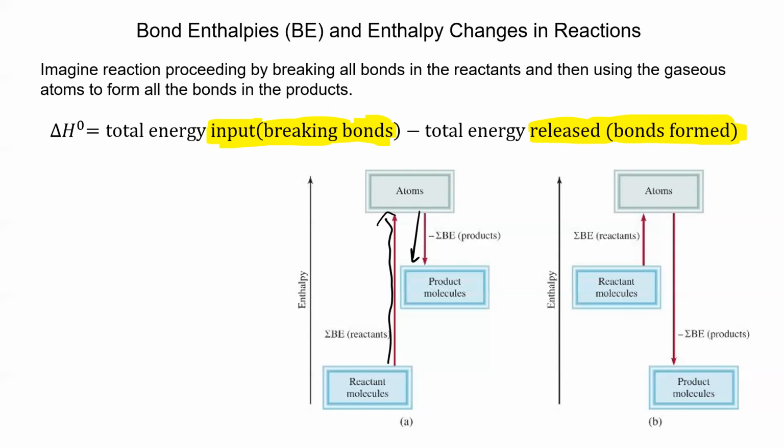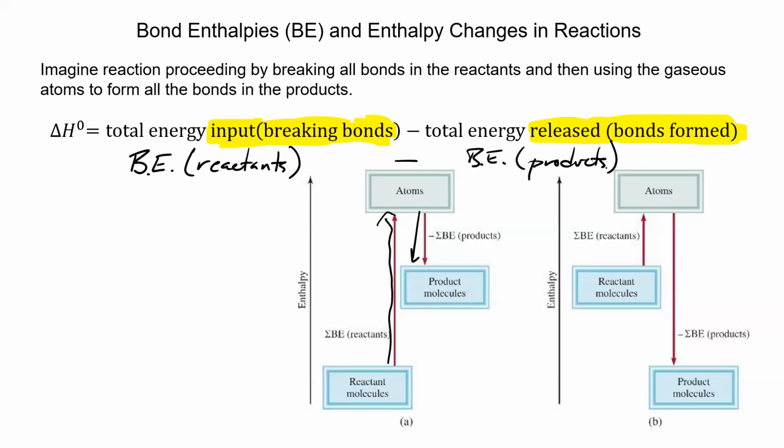And so because atoms are our middle ground, breaking all those bonds is the energy that we have to add to the reactants, not to the products. And so really, I think about this as the bond enthalpy, I'm going to abbreviate that BE, of the reactants, minus the bond enthalpy for the products.